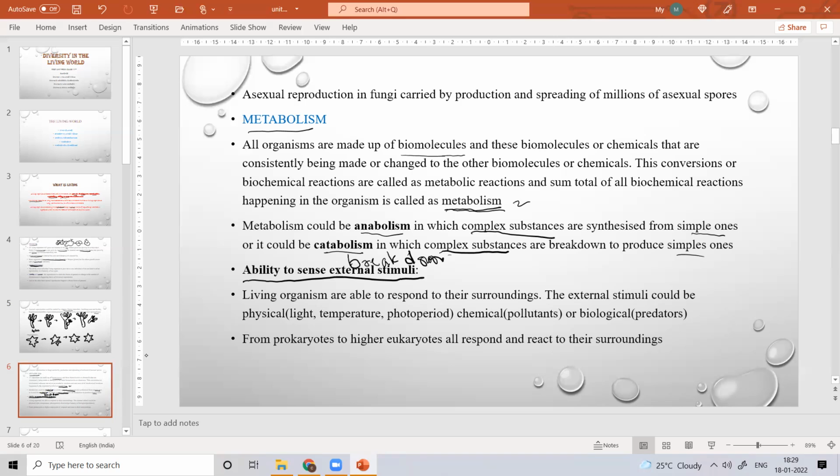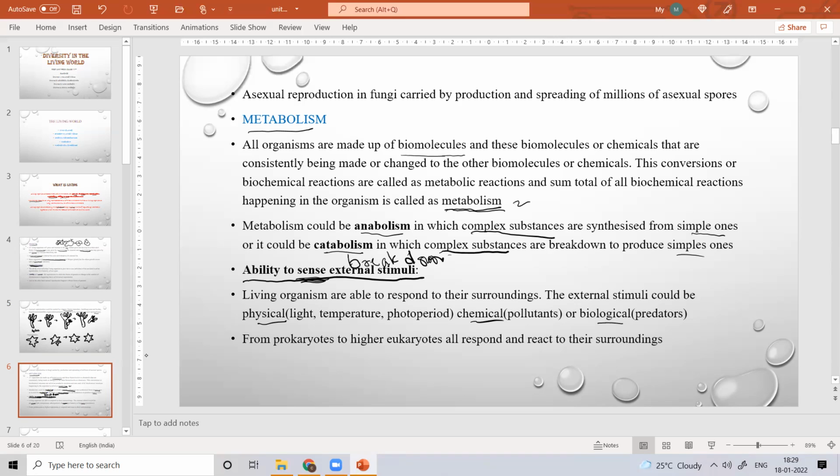That means whatever is happening in their surroundings they can sense. That kind of sensing is only possible if they are living. So living organisms are able to respond to their surroundings. These external stimuli could be physical, chemical or biological.